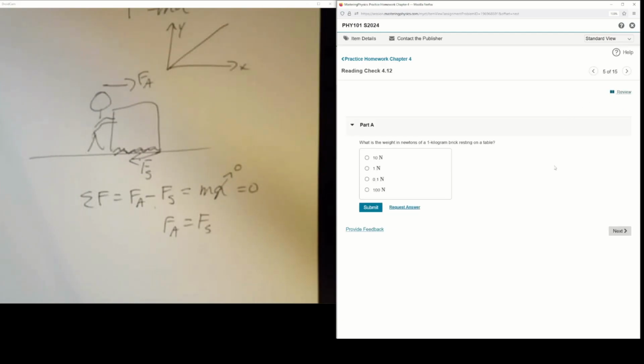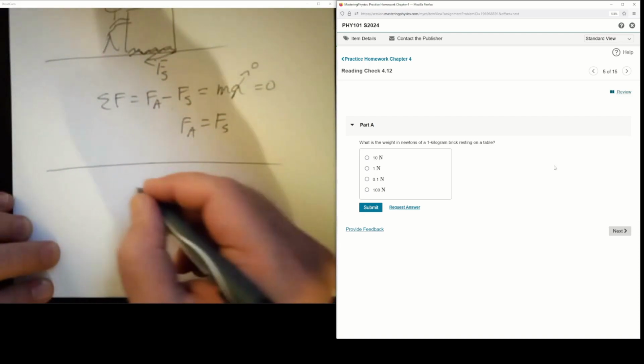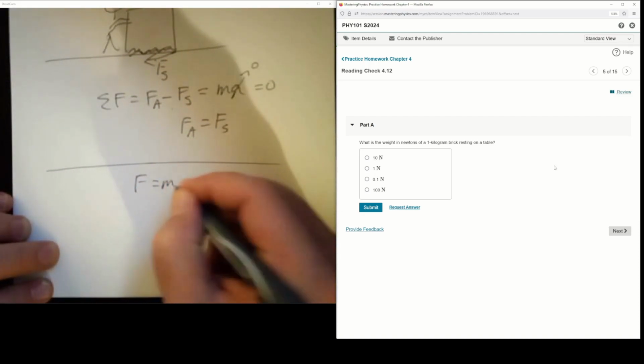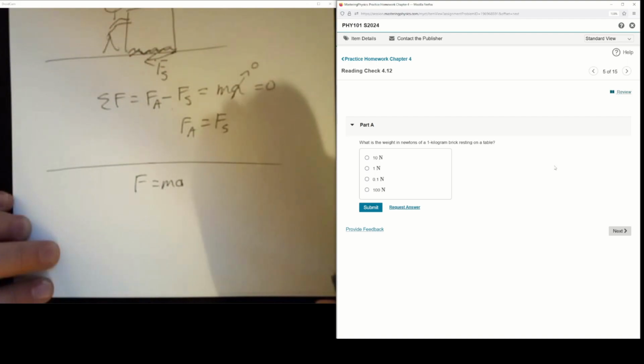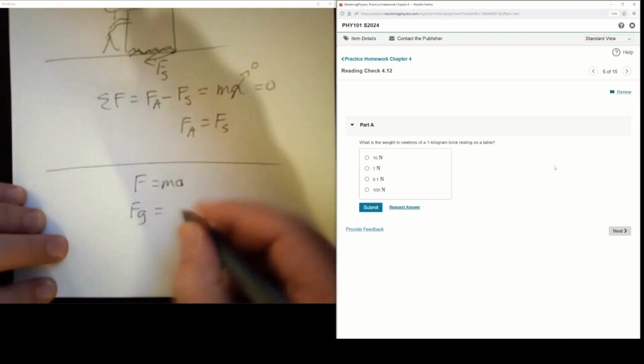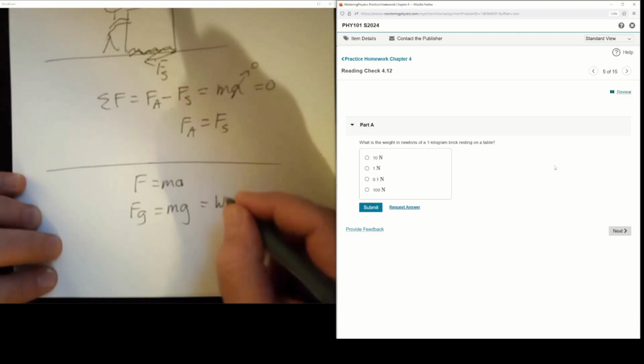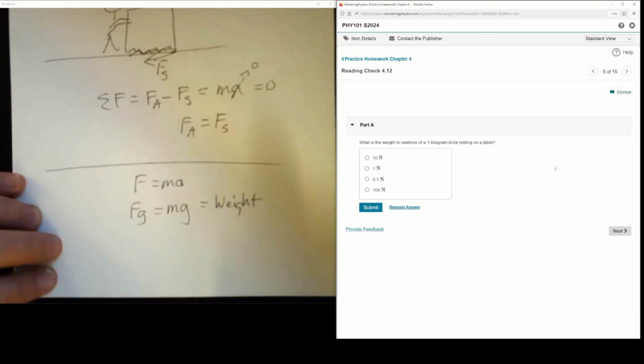And what is the weight of a 1 kilogram brick? So, again, F equals ma. Newton's second law. When we're dealing with the force of gravity, then acceleration is g due to the force of gravity, and this is commonly called weight.